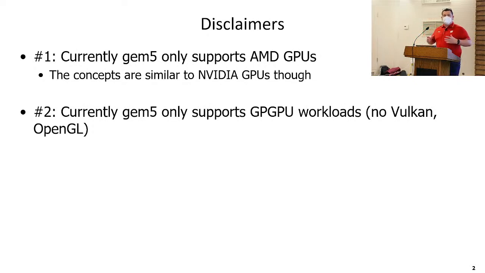So what we're going to talk about today and what gem5 supports right now in terms of GPUs is GPGPU workloads, things in OpenCL or HIP, as we'll talk about in a little bit.